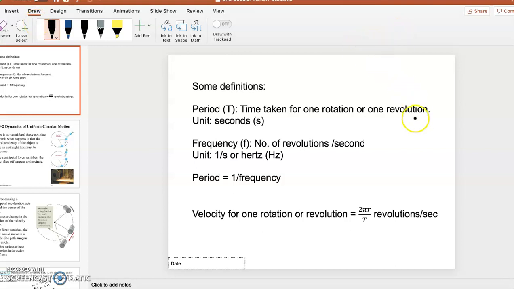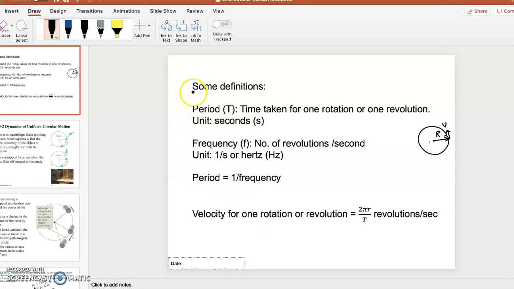So it was a horizontal circle with a radius of r, and the object is moving with a velocity in that circle, at 2 revolutions per second.